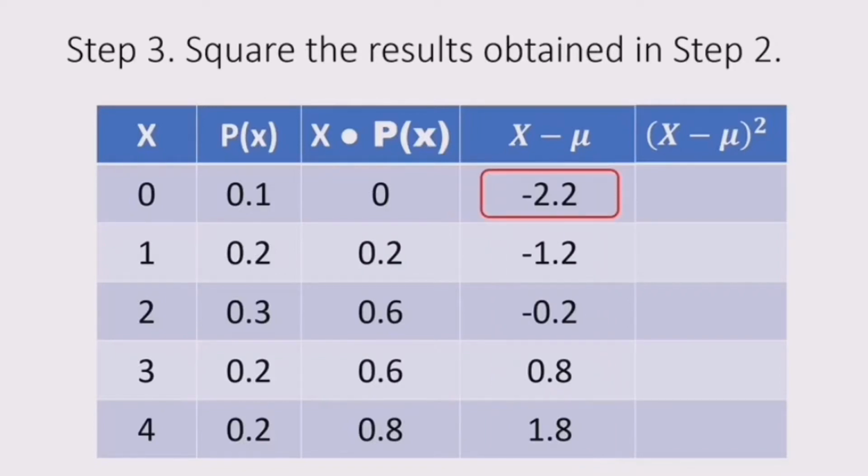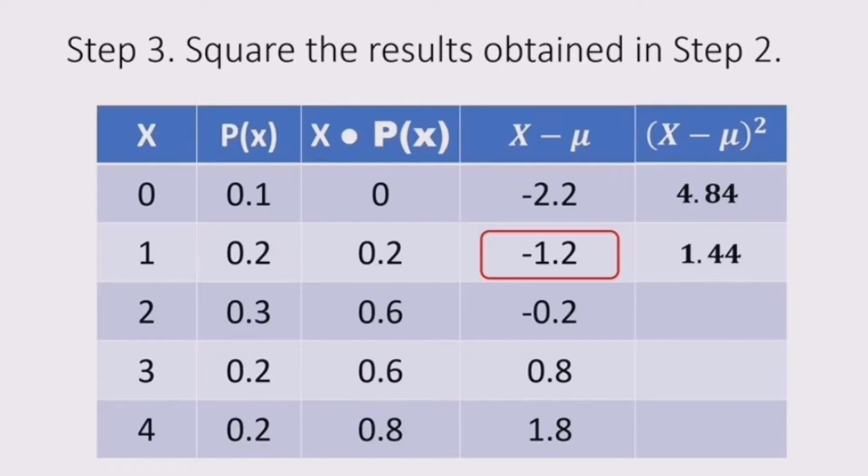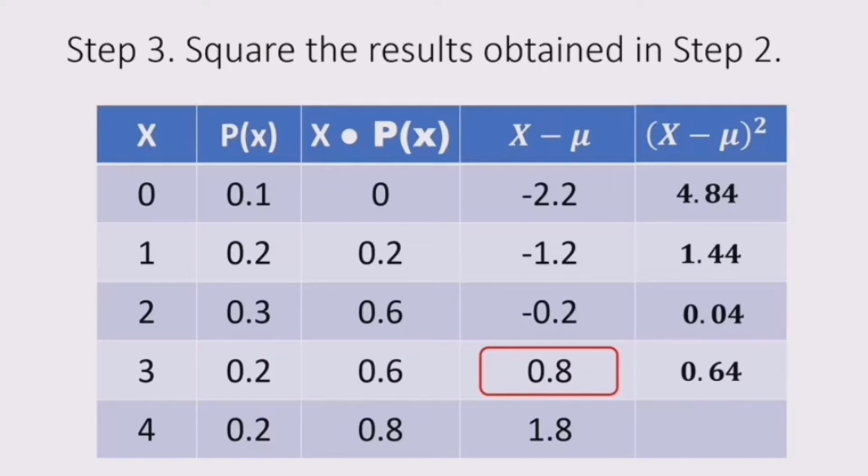So negative 2.2 squared is equal to 4.84. Negative 1.2 squared is equal to 1.44. Negative 0.2 squared is equal to 0.04. 0.8 squared is equal to 0.64. And 1.8 squared is equal to 3.24.